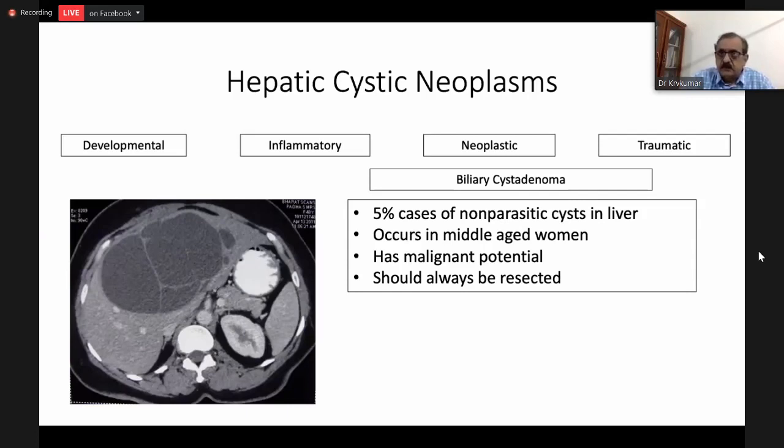My question: how often do you see hydatid disease nowadays? During our training phase and early phase of practice it was there, but I don't find hydatid nowadays in north Kerala. What about central Kerala and southern Kerala? Unfortunately, I have not seen one in the last 4 years in my practice. Last 5 years, fortunately or unfortunately.